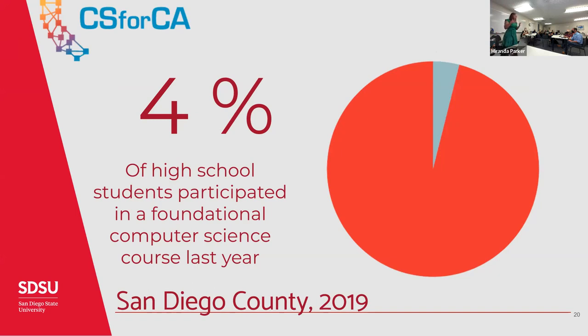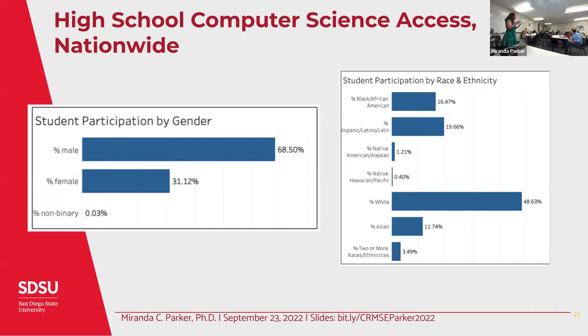And you might say, okay, well, that's not a lot of students. Who are these students though, right? Like many STEM fields, computer science is not different. We have a number of representation problems. So we are overly male and overly white. It is not different if you look at the high school students that are taking these courses.